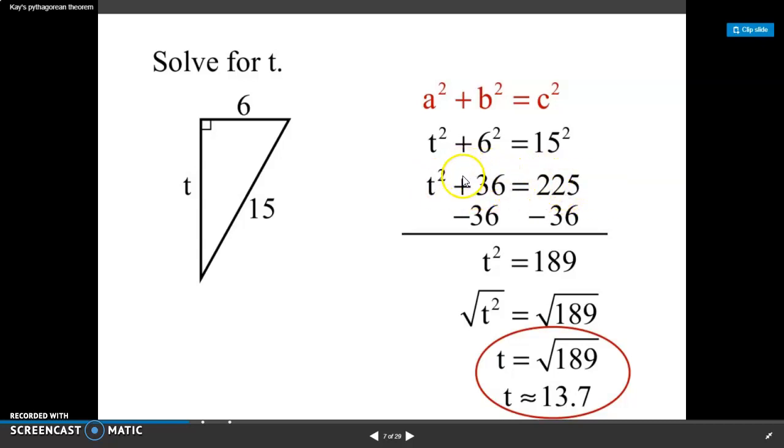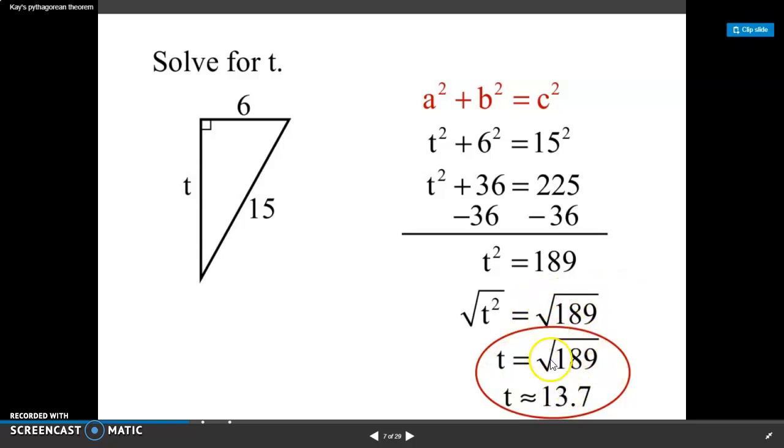When we move 36 to the other side, since it's positive here, it will be negative. So it will be 225 minus 36, and t square is 189. The root of t square is t, and the root of 189 can be plus or minus.